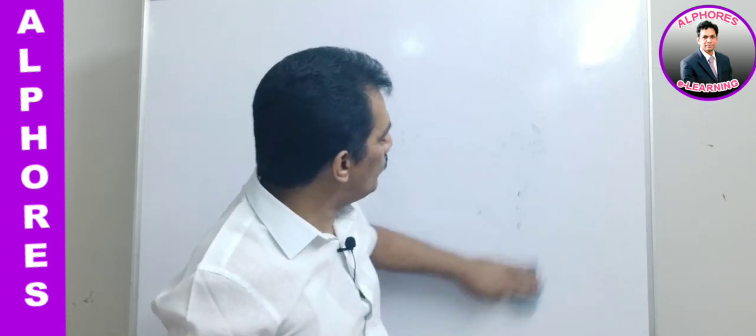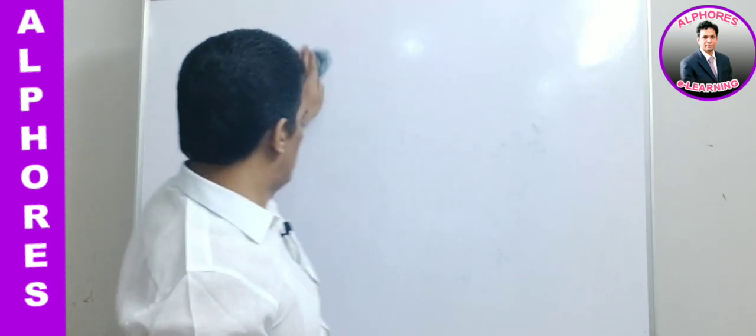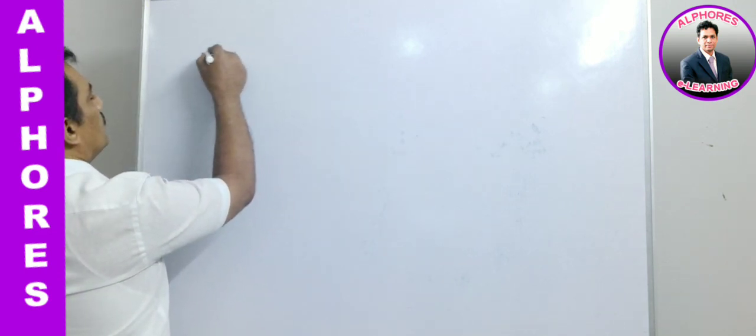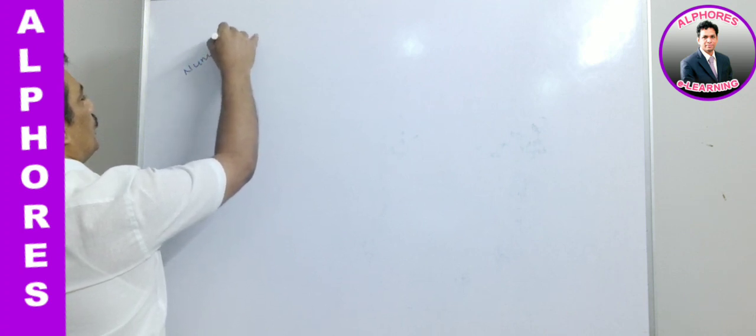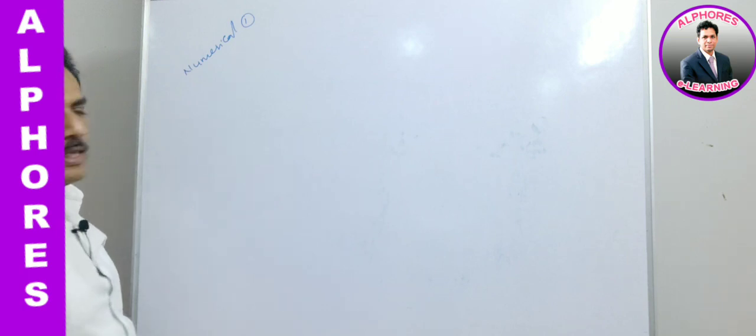Let us consider few examples. Illustrations means it is nothing but some examples. Now, numerical 1, or illustration 1.